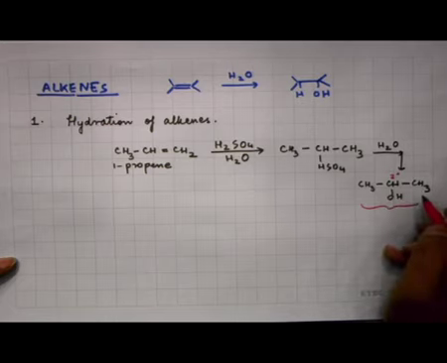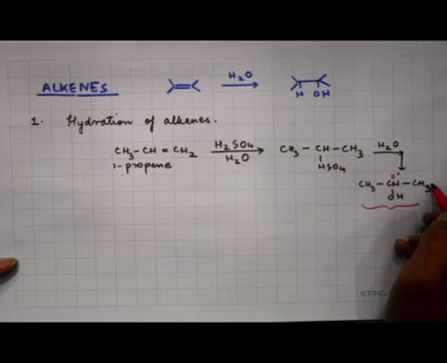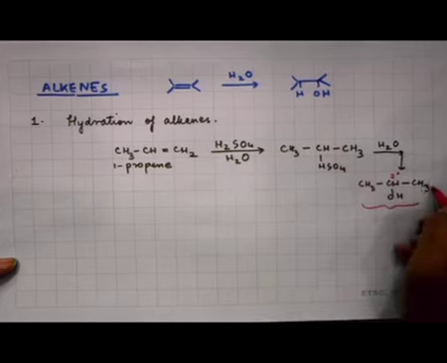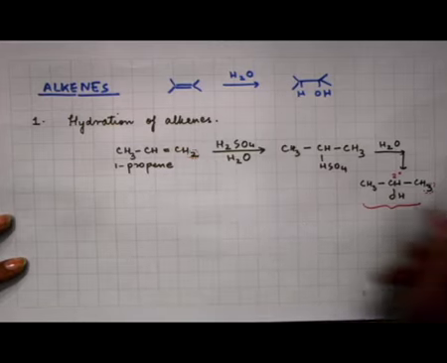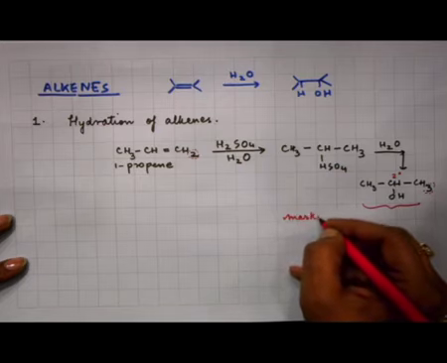So, the overall effect is addition of a water molecule, and the hydrogen from this acid has gone to add on to the carbon which already had more hydrogens attached to it. That is why we call this product a Markovnikov's product.